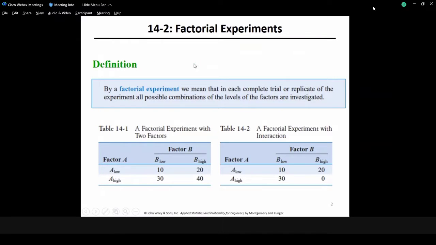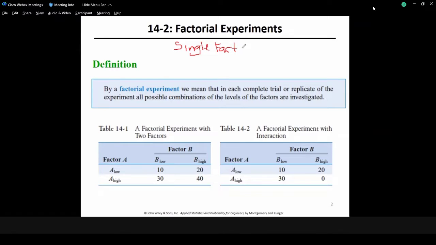So today's topic is about two-factor. Before our class today, we talked about the single factor experiment.